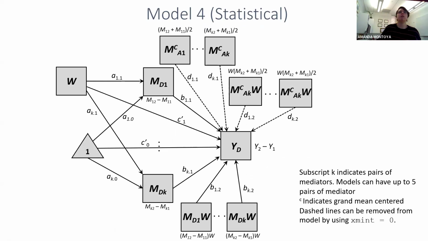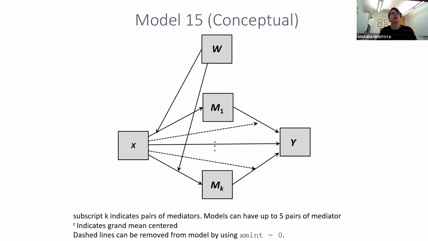So obviously model 4 is very general. It allows every path in the mediation to be moderated. So we also have more restricted models, like here model 15, which only allows the path from X to M to be moderated. This is equivalent to model 7 from PROCESS.